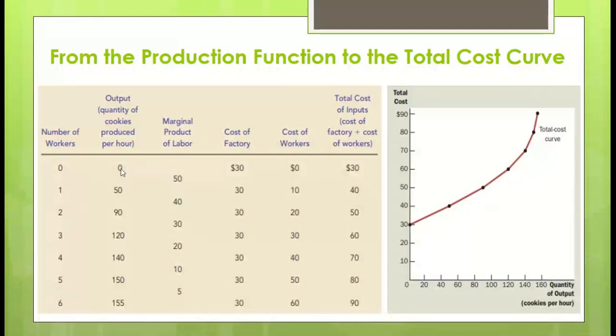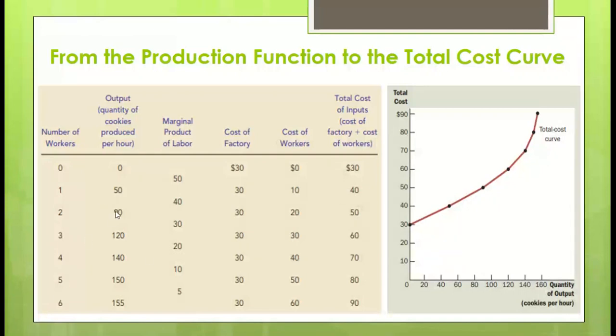If the quantity of output produced is 0, then the total cost of input is $30, as we are adding the cost of factory, which is constant, in the total cost of input as well. So when the output is increasing to 50 units, the cost is also rising to $40.